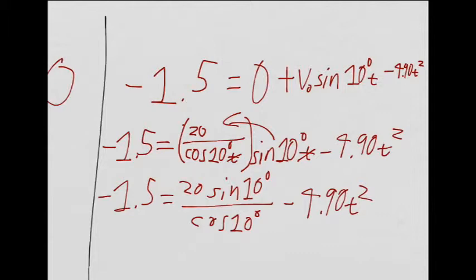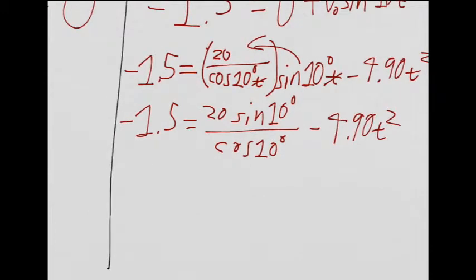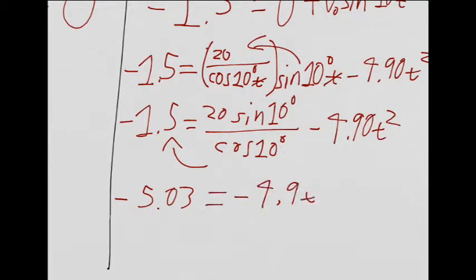Now we're getting somewhere. If we do our math, move this over here, we're going to end up with negative 5.03 equals negative 4.9 t squared.